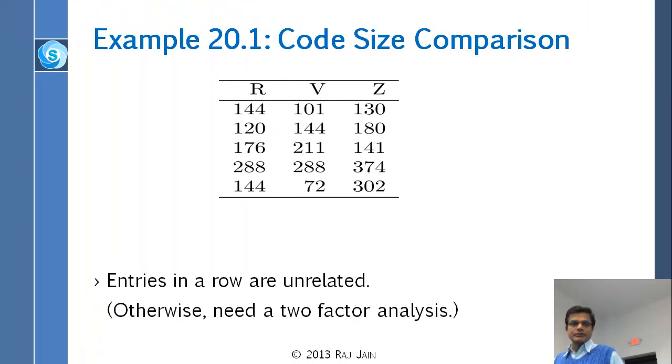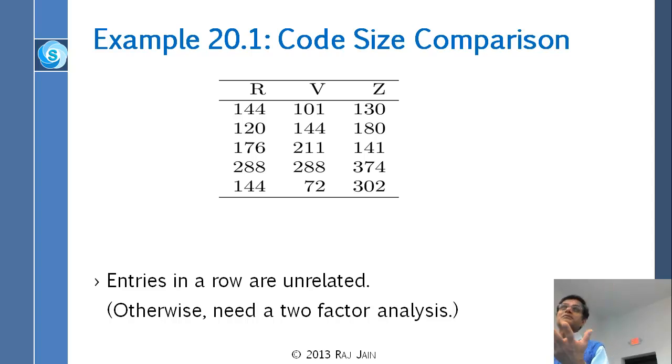So here is an example. We have code sizes. There are 3 processors R, V and G, and there are 5 measurements on each processor. However, these are not related horizontally. That's important. This is not the same workload. This is like, if you remember, the unpaired design, except that there we had a pair, which means 2.